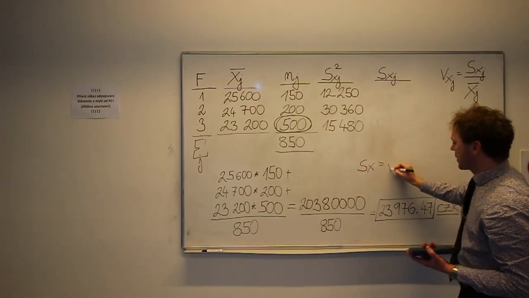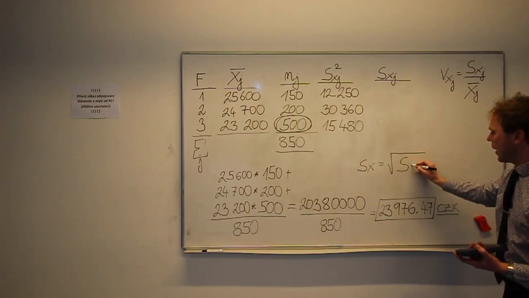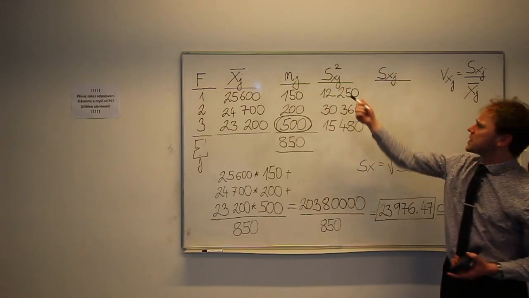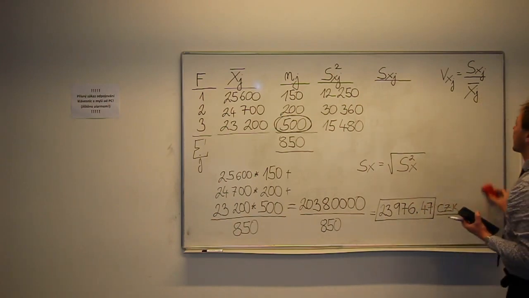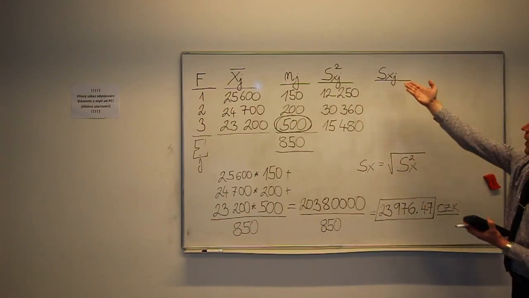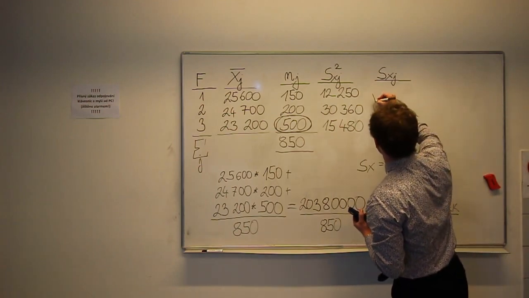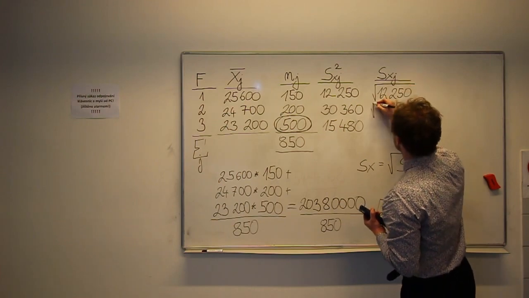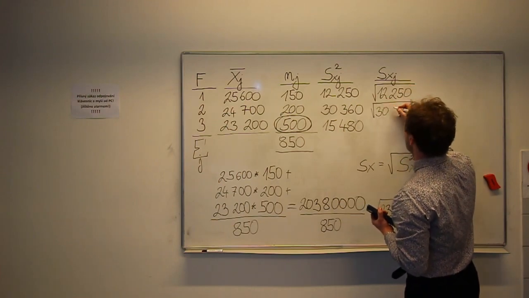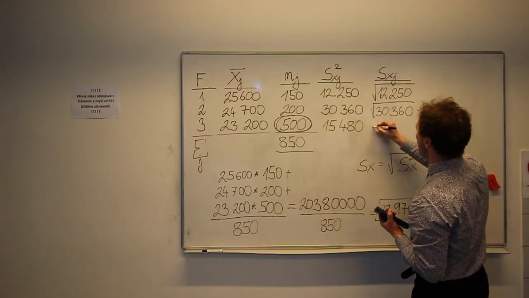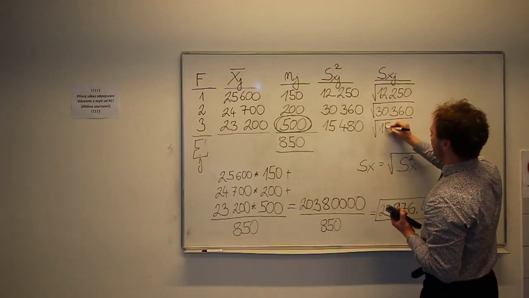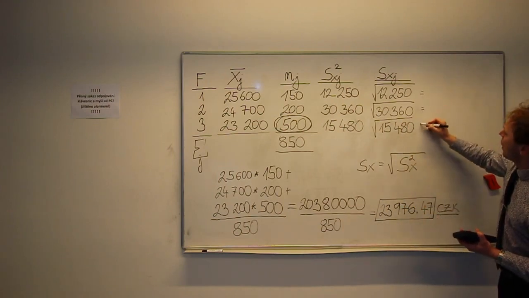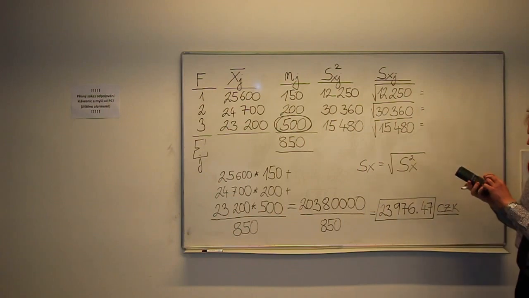We know that the standard deviation is calculated as the square root of the variance, so it's easy: the square root of 12,250, the square root of 30,360, and the square root of 15,480. We will receive 3 standard deviations.